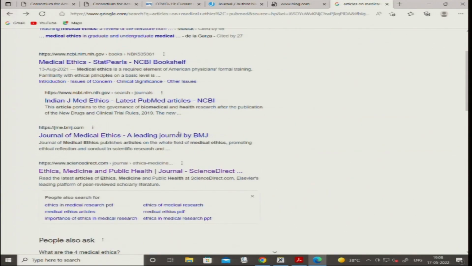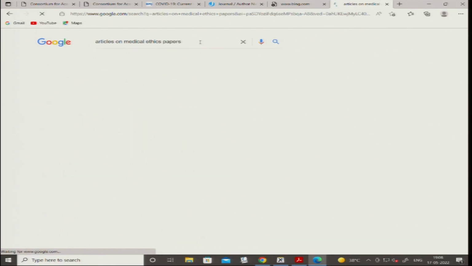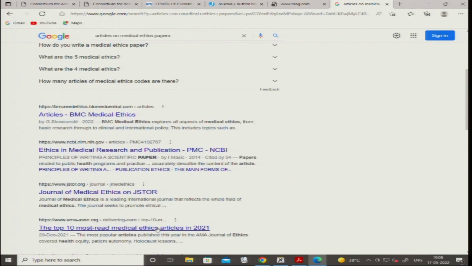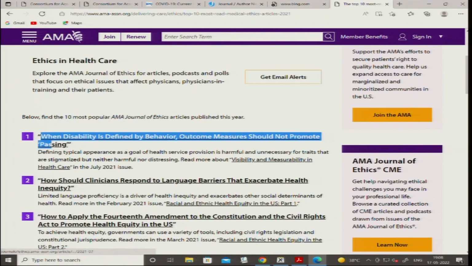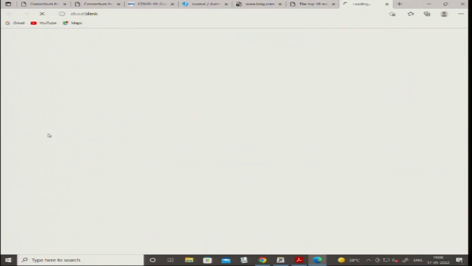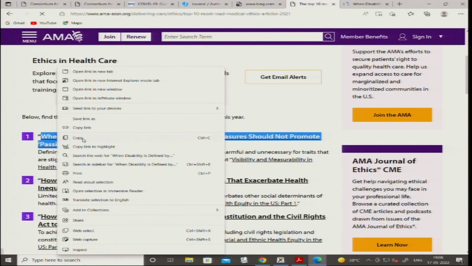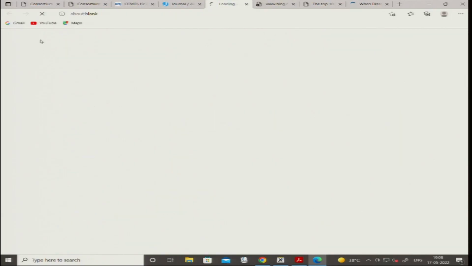So here we choose the papers. Suppose this article we choose, and we try to find the article over here.